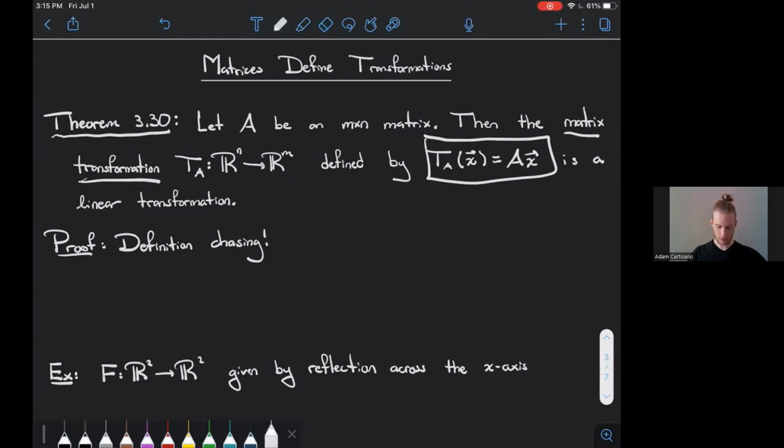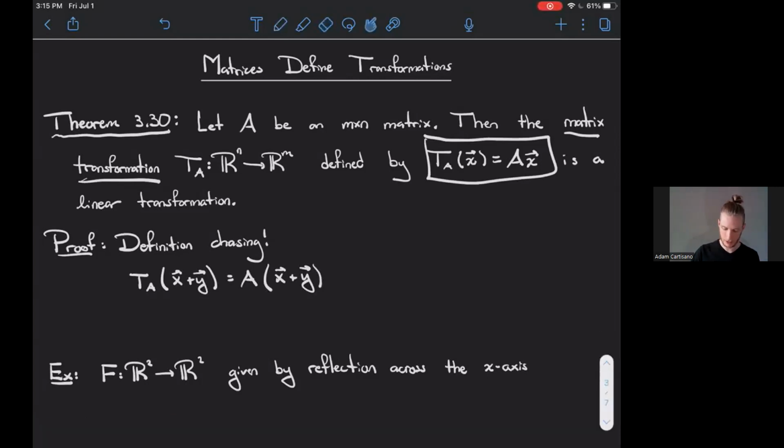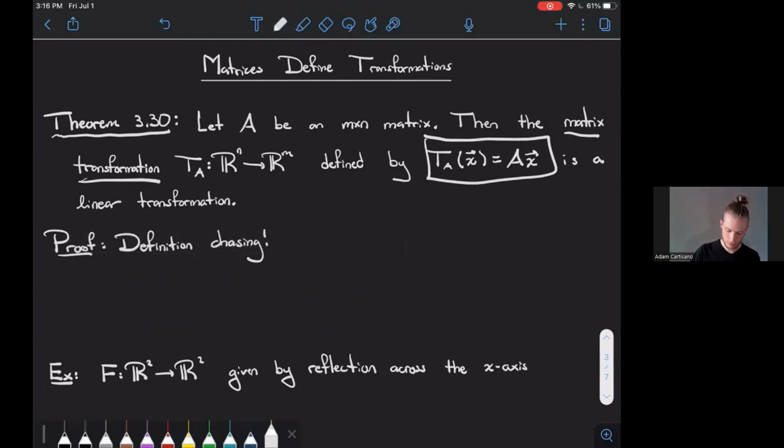So the way we do this is, let's compute T_A of x plus y, that's A times x plus y. But matrix multiplication distributes. Let's use the same strategy that we had. So I'm going to start over, to save time: T_A of cx plus dy.